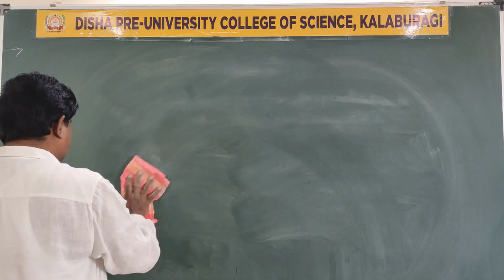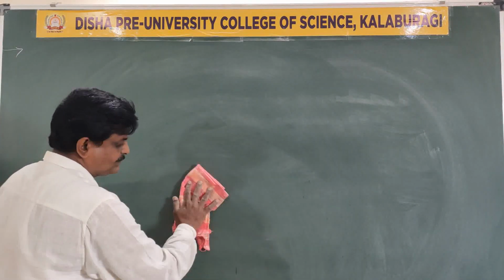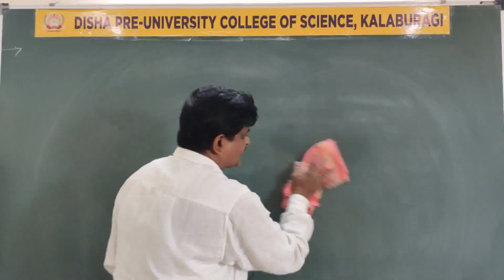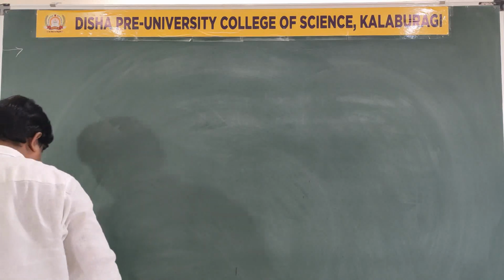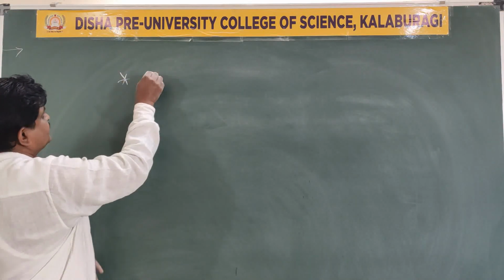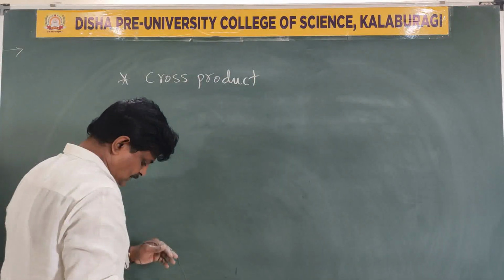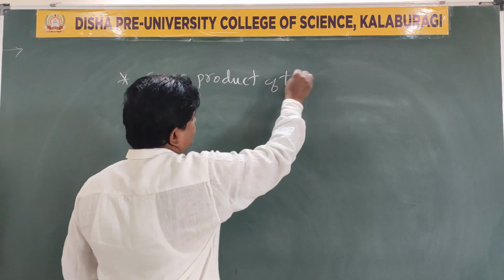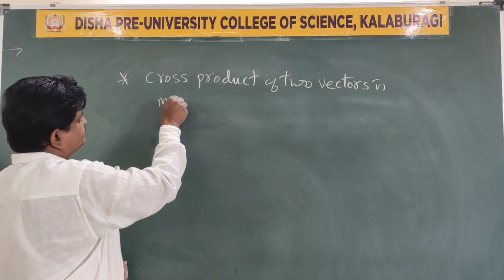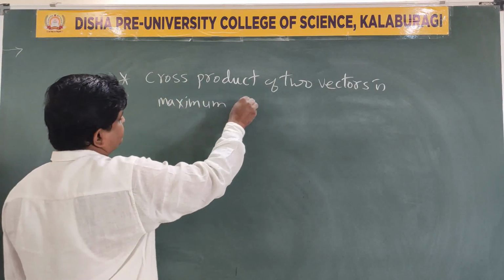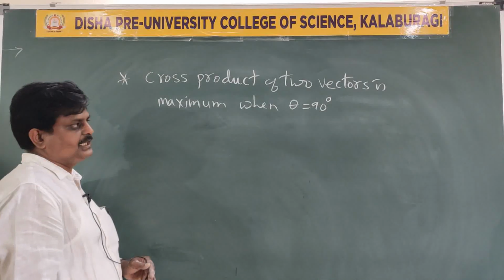Next, just like in the dot product, where we analyzed when the dot product of two vectors is maximum and when it is minimum, here also let us analyze when the cross product of two vectors is maximum. See the property. The cross product of two vectors is maximum when theta, the angle between the vectors, is 90 degrees.